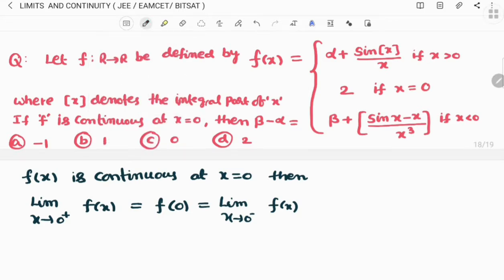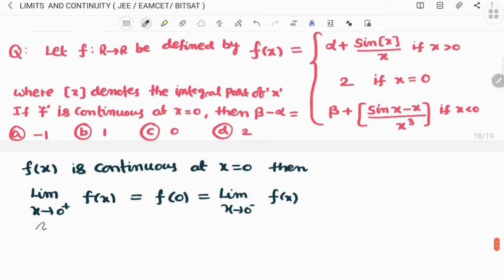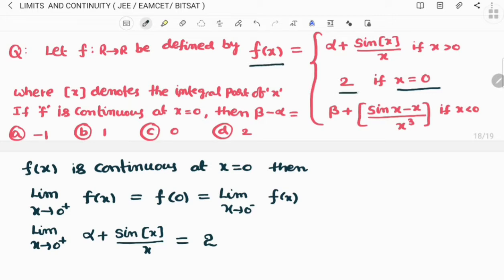Now limit x tends to 0 plus, in place of f of x, the first function you have to write, since x is greater than 0. So alpha plus sine of step x by x, which is equal to, at x is equal to 0 the function value is 2. F of 0 means at x is equal to 0, f of x value is 2.